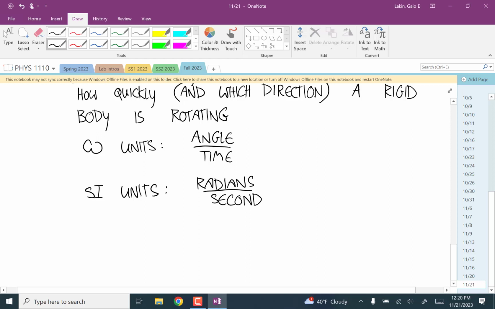And radians are the pure mathematical description of an angle. Let's see, when do you need to use radians? If you're doing any kind of calculus with this stuff, your angles have to be in radians. There's no other option for it.